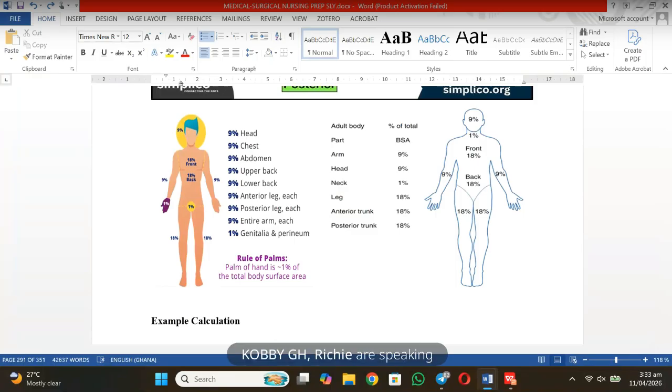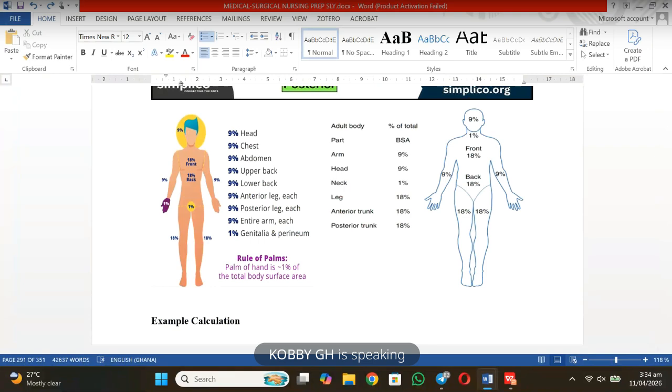That is 27. Yes, because the chest region, we have 9 plus 9, which is 18. Then the anterior, you see, I was very specific that anterior stomach. Is that okay? So that one, you just add 9. So 9 plus 9 plus 9. So always pay attention so that they won't use some of these things to trick you.